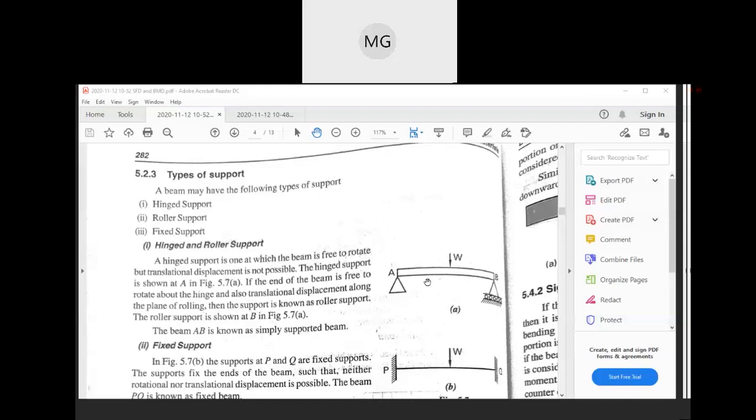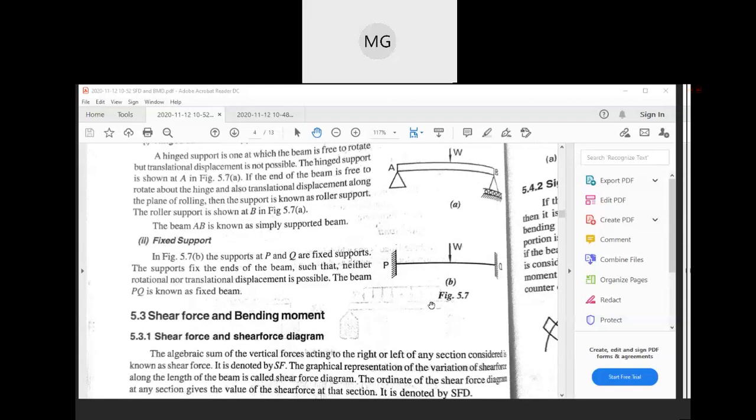Hinged and roller support means it will have the horizontal displacement also, a translational displacement along the plane of rolling. Fixed support means we are restricting the horizontal movement, so the beam can only bend.